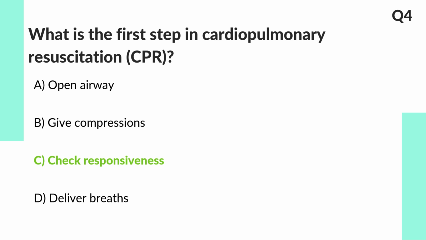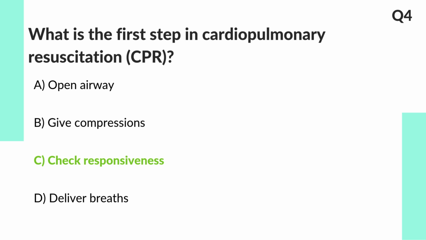So if you are in healthcare and you typically are aware of ABC, you could actually opt for option A. That's a tricky one here. So airway, breathing, circulation, these are the things that are given in the options. Option A is airway, option B is breathing, deliver breaths, and option C stands for circulation, compression.